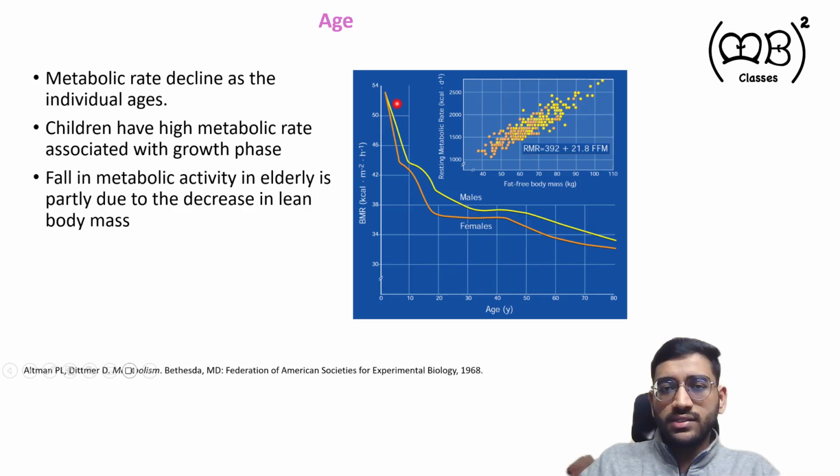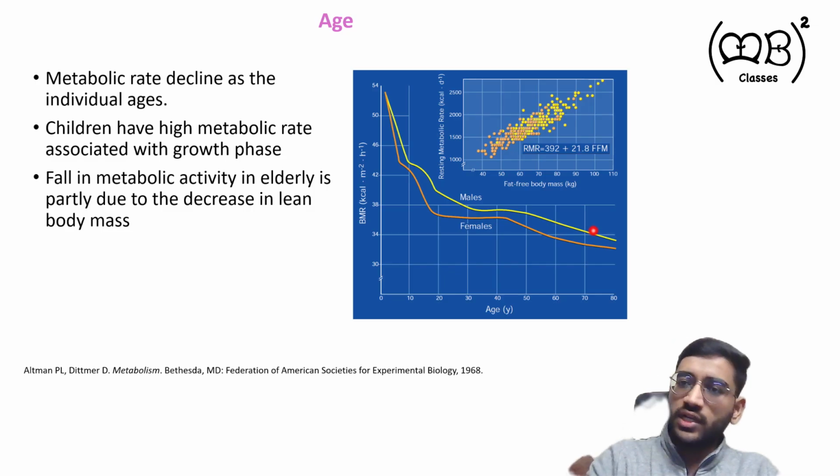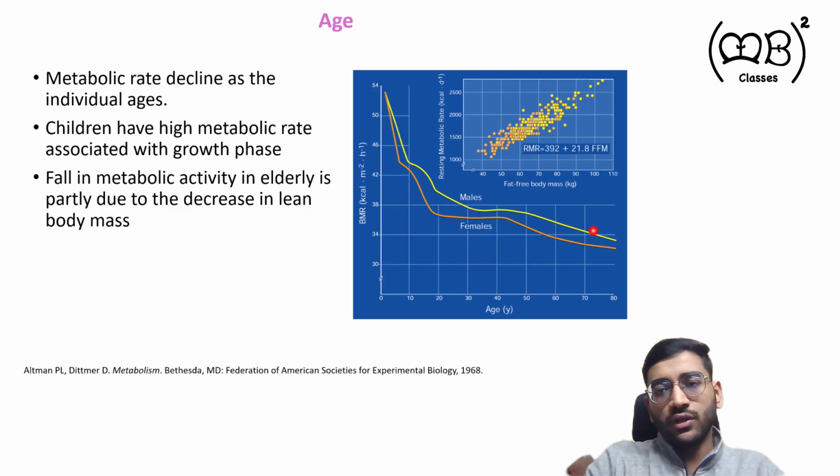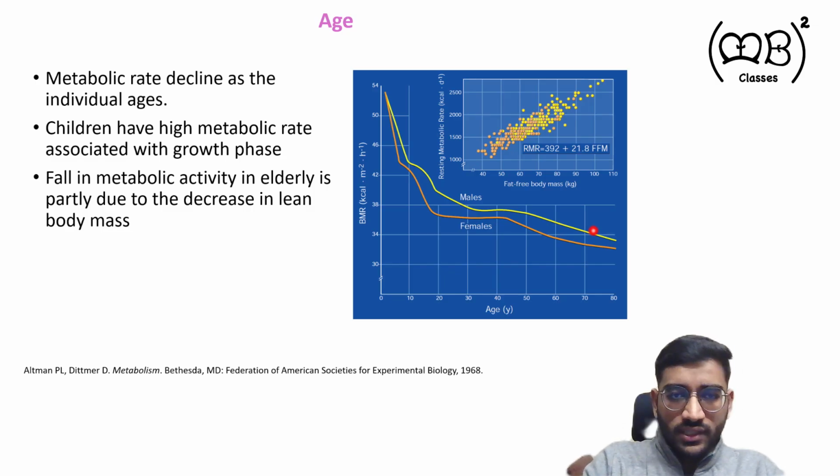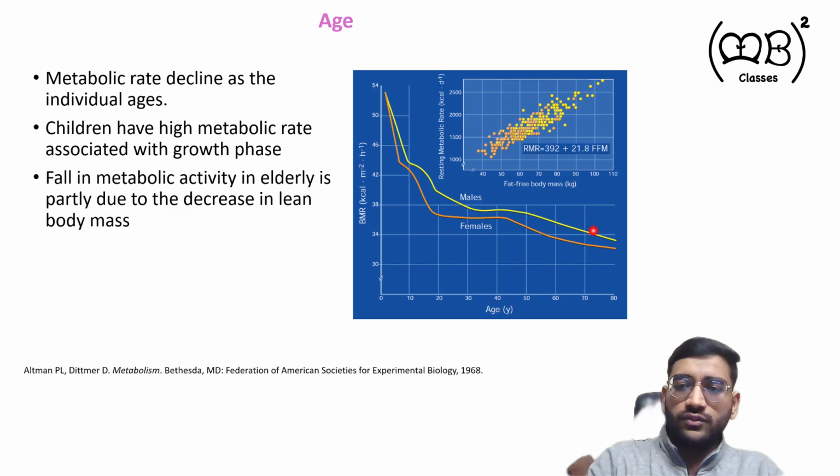The BMR is high during childhood because of the growth phase, and in the elderly the BMR is low partly because there is a decrease in the lean body mass. The lean body mass is the muscular tissue, which is more metabolically active than the adipose tissue, which is less metabolically active. So overall, if the lean body mass is decreased, then the BMR of an individual might decrease.